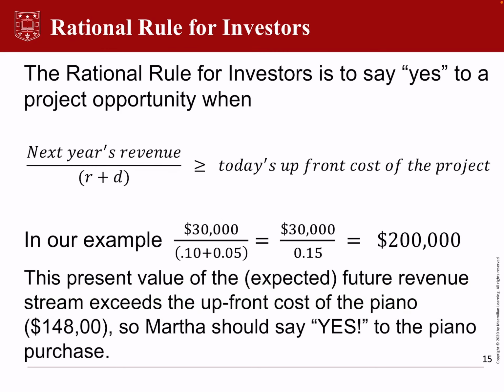We can then use that valuation formula, that shortcut, to develop what the authors of the textbook refer to as the rational rule for investors. A rational rule is always a comparison of benefits and costs. In this case, investors are looking at the benefits of undertaking an investment and comparing them to the cost. The benefits are the present value of the future stream of returns.